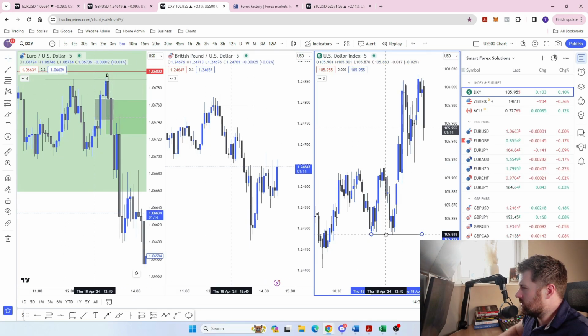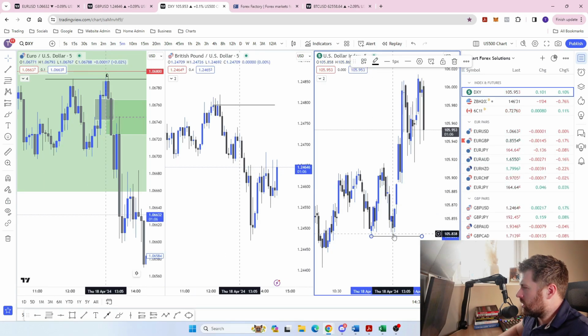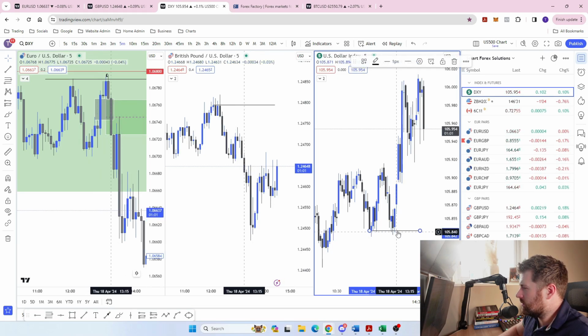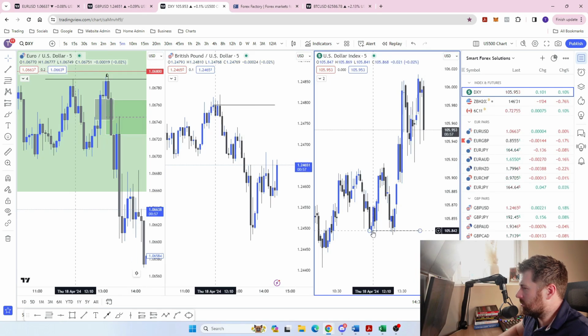If you look, even if you look at the wick, this same high right here, the dollar did not perforate that area. And if you look at the bodies, even though the wicks came lower, the bodies did not close below the body of this low.